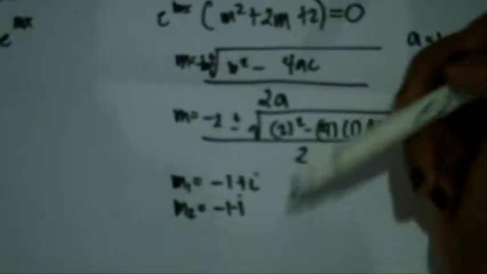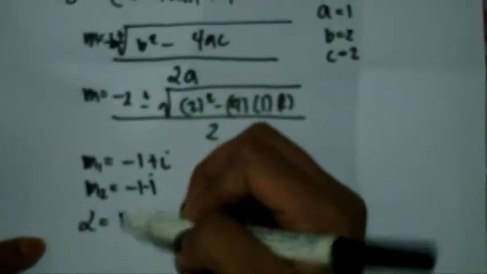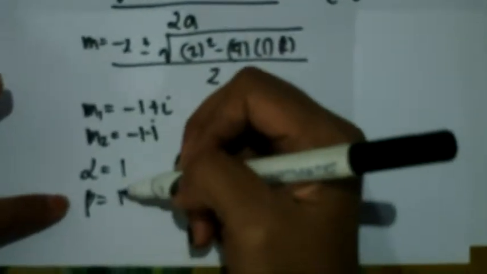So, since the roots consist of a real number and an imaginary number, this is case 3, where alpha is the real part of the root, which is negative 1. The coefficient is what we're going to consider, and then our beta here is the coefficient of our imaginary root, which is 1.